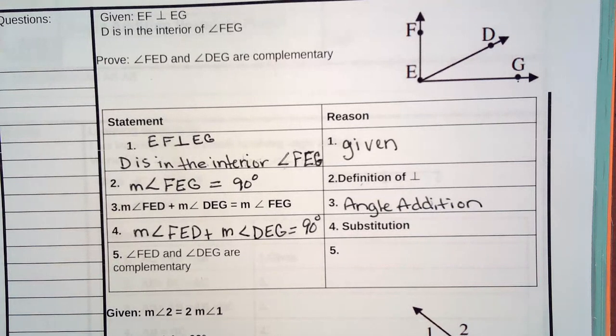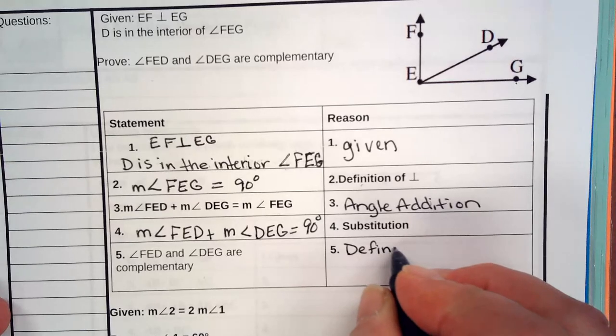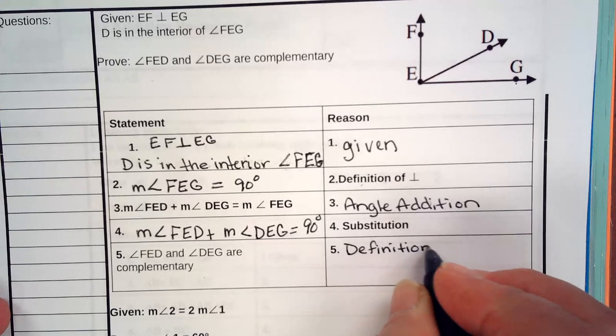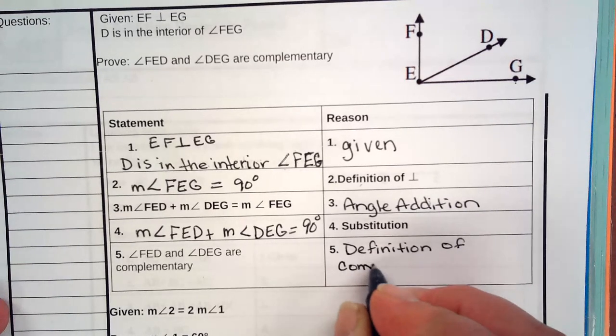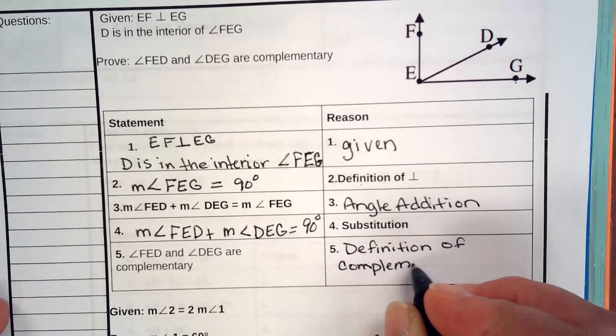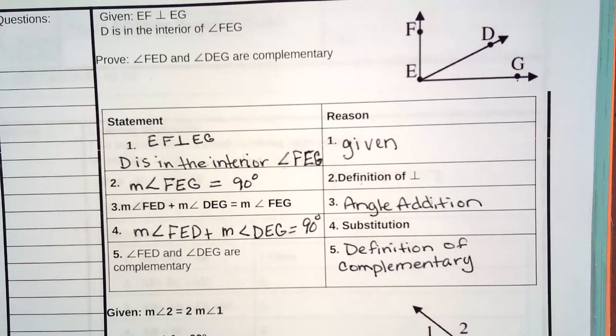Okay, if they add up to 90 degrees, what do we know about the angles? Well, that they're complementary, and that is your definition of complementary. And we're done.